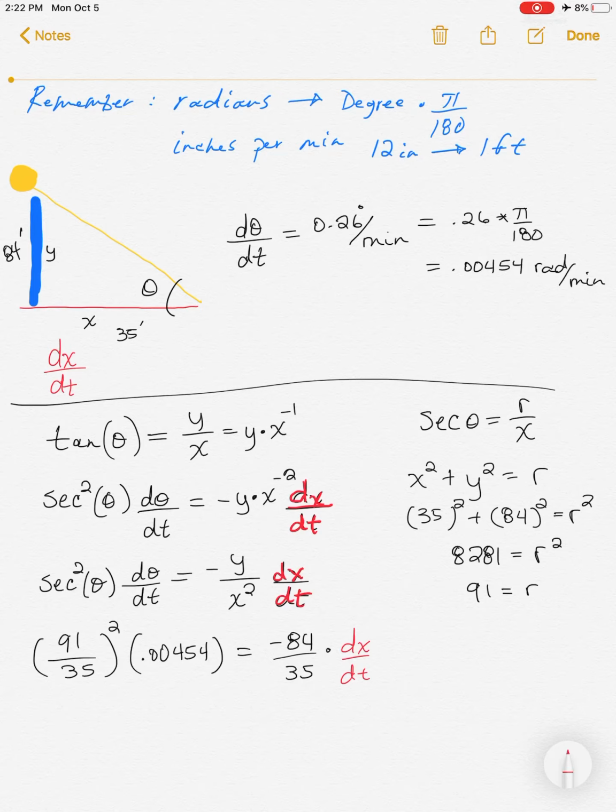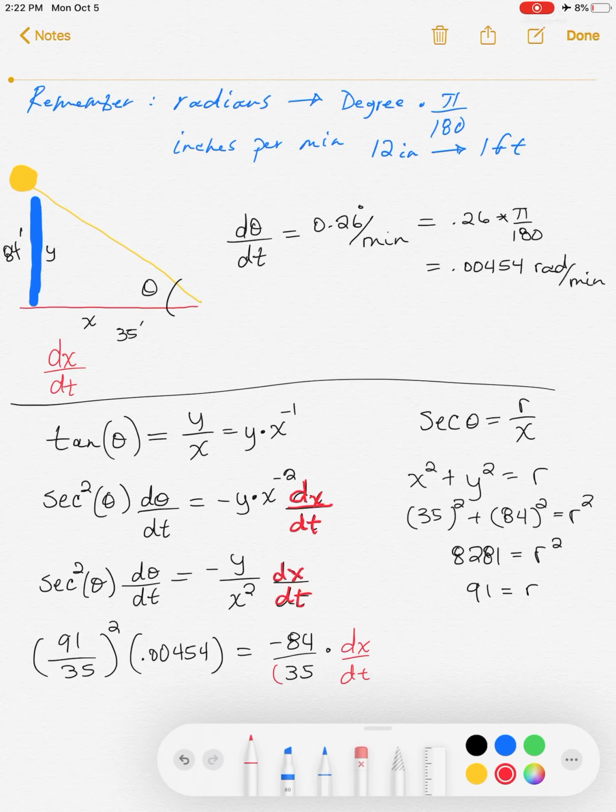And that's supposed to be 35 squared. Forgive me there.